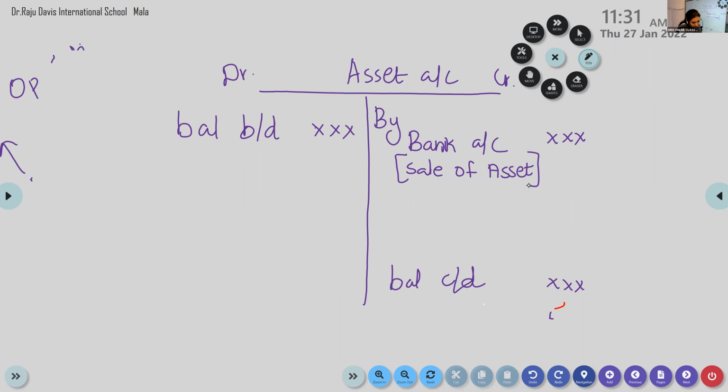Loss on sale of asset, we usually debit in the P&L account. You remember? So that loss on sale of asset, you have to write on the credit side of the asset account, by P&L account.